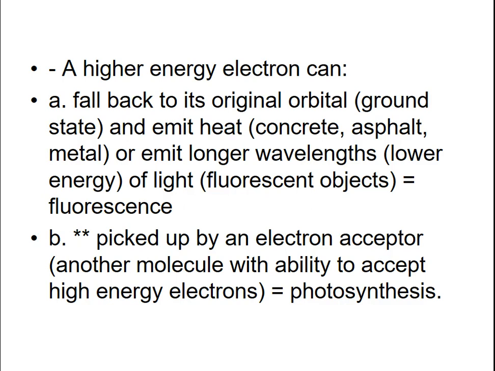So, as you notice in the notes there, it's another molecule that has the ability to accept this electron, and then it will carry that high energy electron off down a metabolic pathway, leading to the production of ATP and then the production of carbohydrates. This is what happens in photosynthesis.